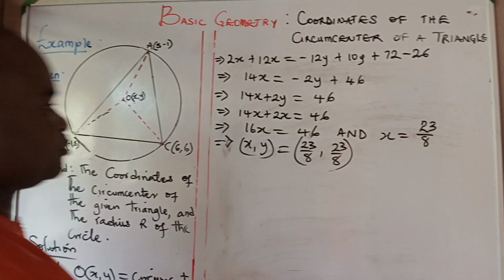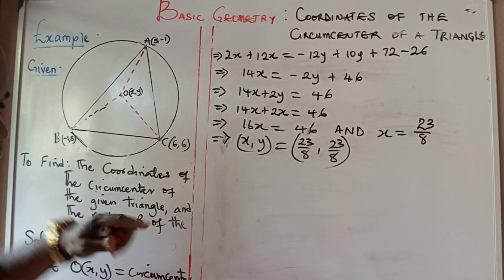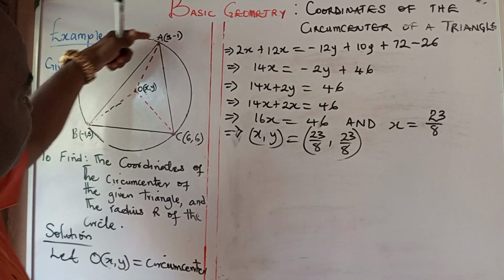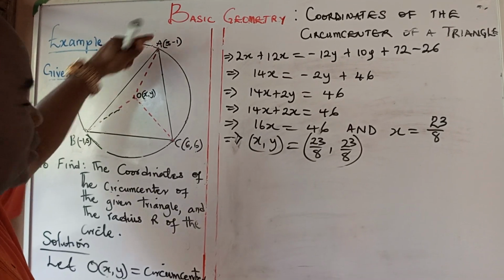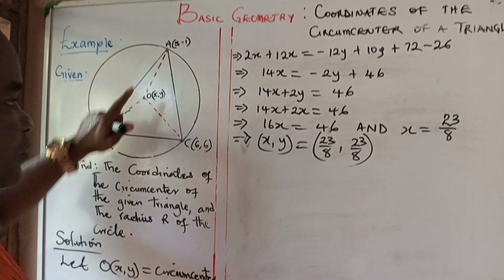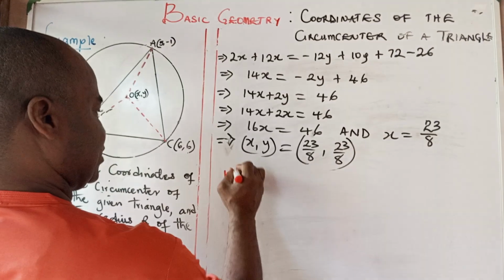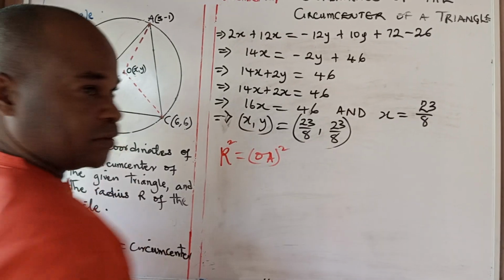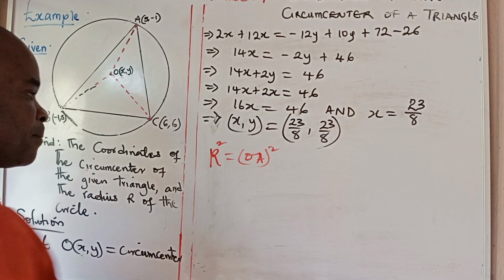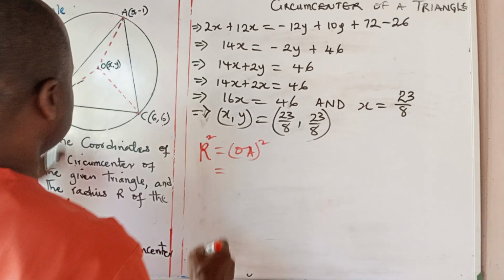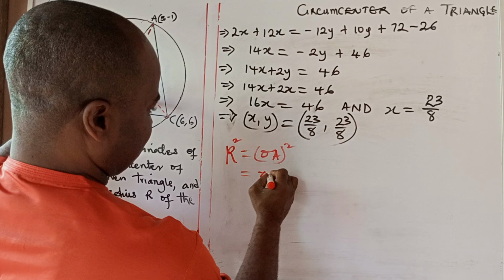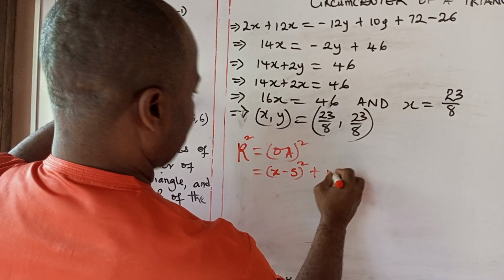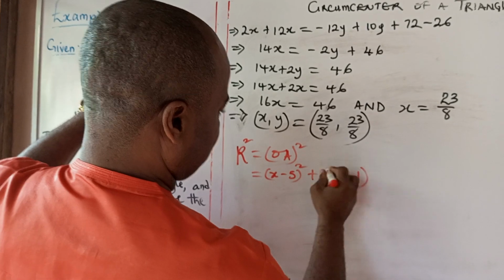So let's continue. Remember, we established the fact that the distance from the center of this circle to a vertex A is the radius of this circle. So if we say that r squared is equal to OA squared using the distance formula, we can say that this is the same thing as saying x minus 5 squared plus y minus 1 all squared.